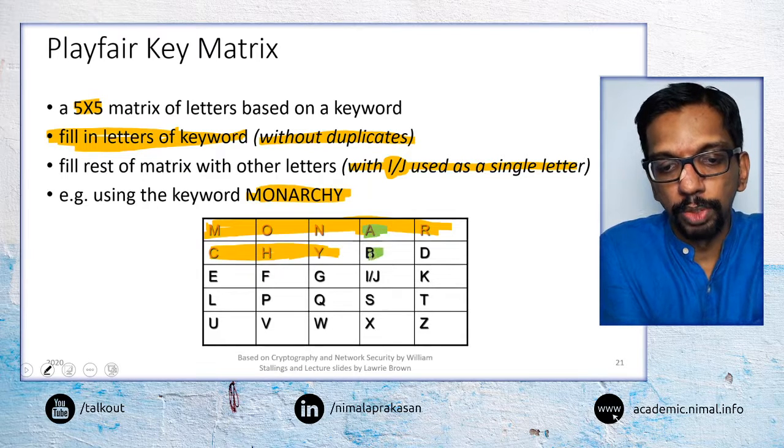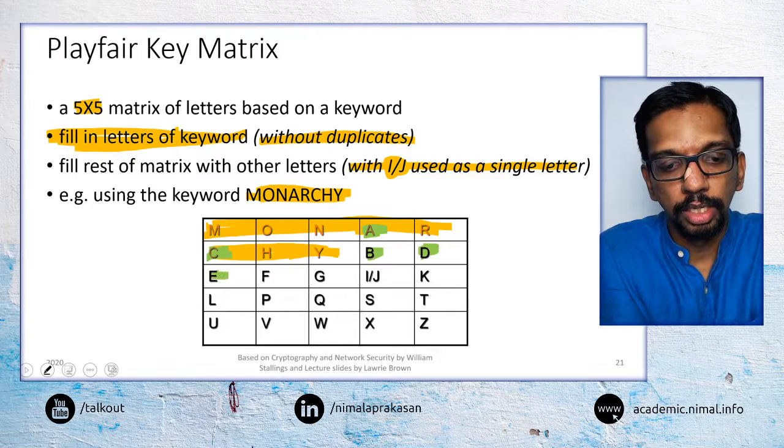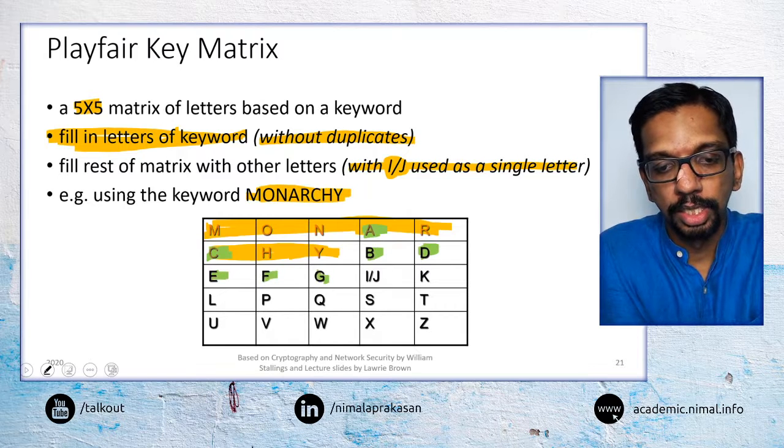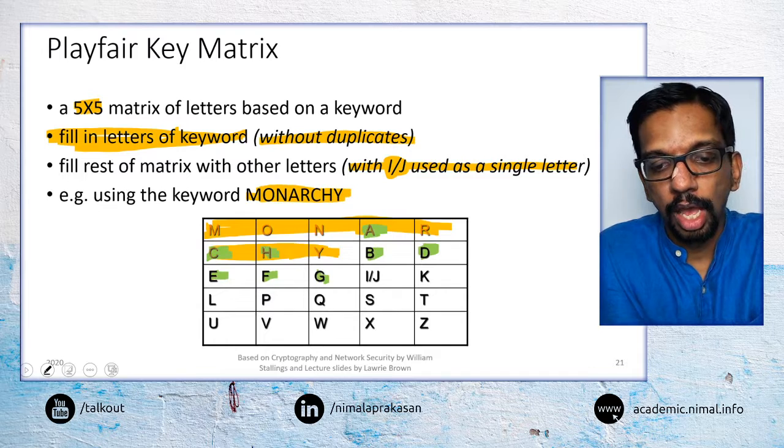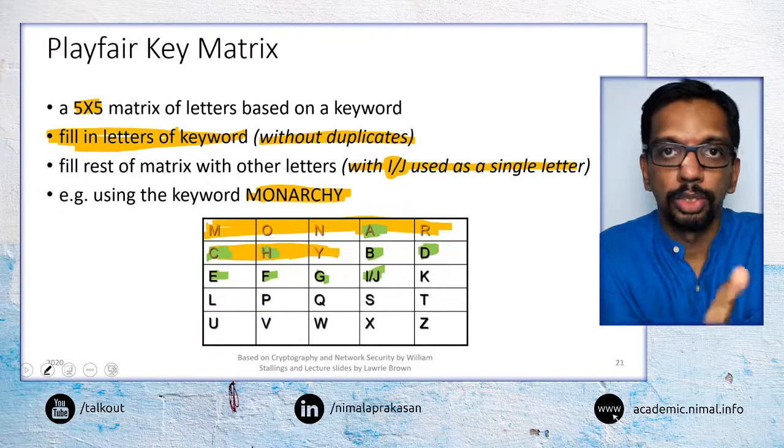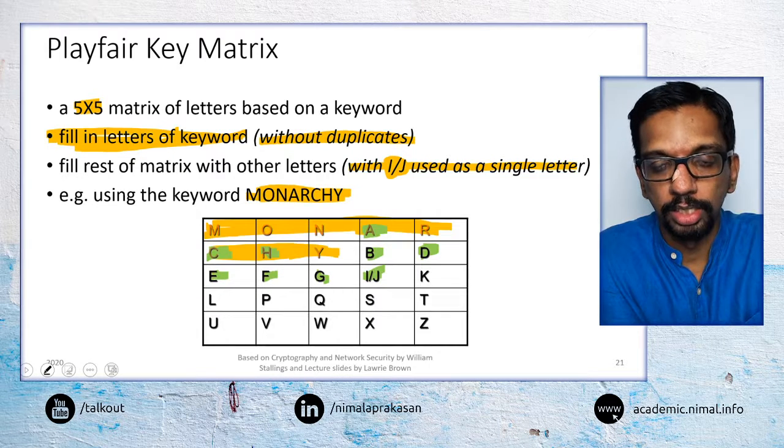Then we will do B, C is already used here. We will go to D, E, F, G, H is already here, then IJ together, because IJ are considered a single entry.